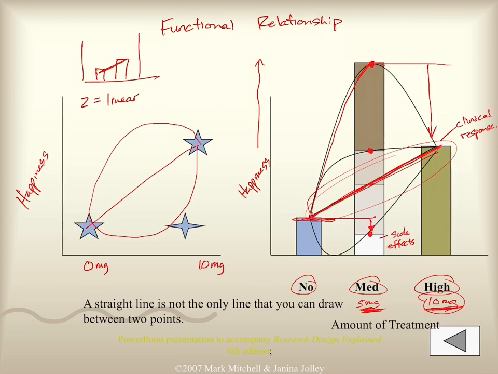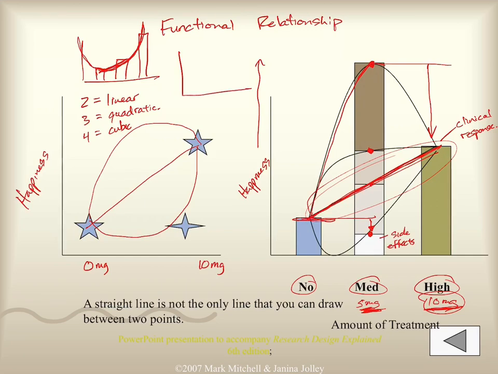3 levels allows us to test a quadratic relationship, in addition to linear. We can test to see whether these variables are related like a parabola, which would be a quadratic relationship. And 4 levels is a cubic relationship.